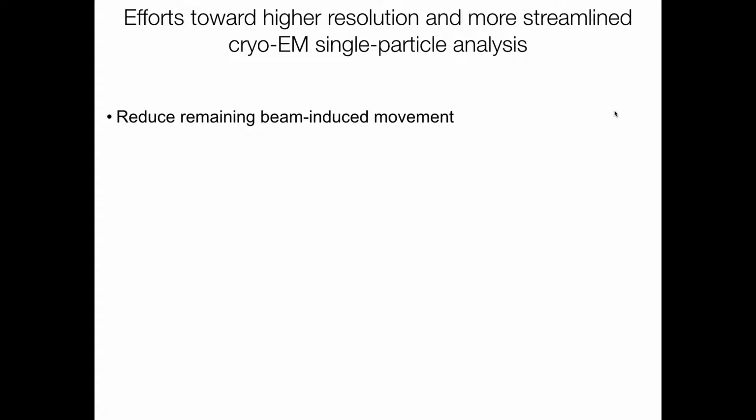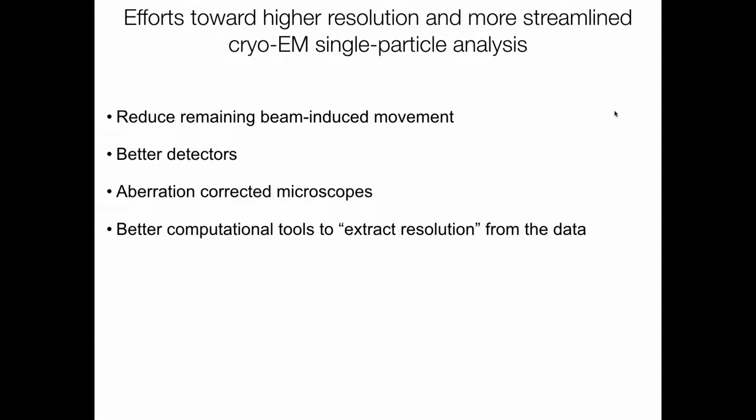I think what we're limited by now between 2 angstroms and 1 angstrom is this residual beam-induced movement. Better detectors are already coming on the market and are going to improve things. Aberration-corrected microscopes are going to make things better, as are better computational tools to extract resolution from the data, even the data that we already have right now. We keep the data for many years to come, because as the tools get better you extract more information from the data.